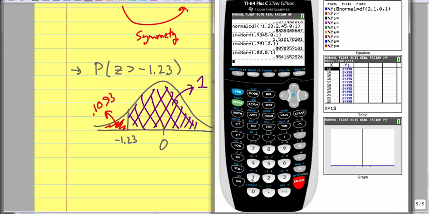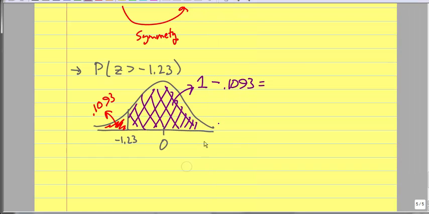So let's take 1 minus that area, 0.1093, and I have for that upper right area 0.8907. Okay, so I'm still using that idea of the area underneath the curve is 1, and I can use that to help me find areas to the left, areas to the right, and the between areas as well, in order to figure out what's going on there.